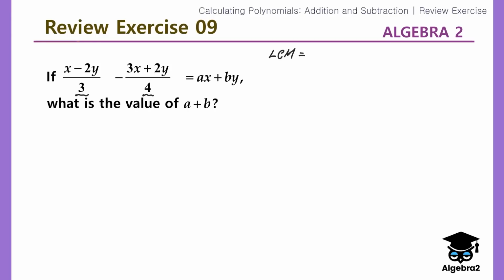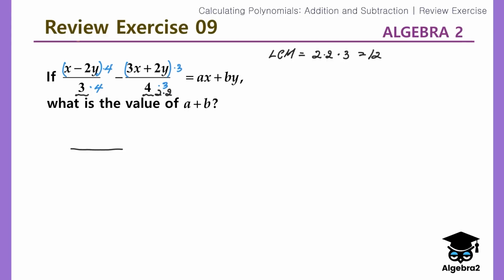That should be our common denominator. 4 is 2 times 2, right? So for the least common multiple, we must have at least two 2's and one 3. So that's 12. So what I have to do is multiply by 4 here and by 3 here, right? All of this expression by 3.